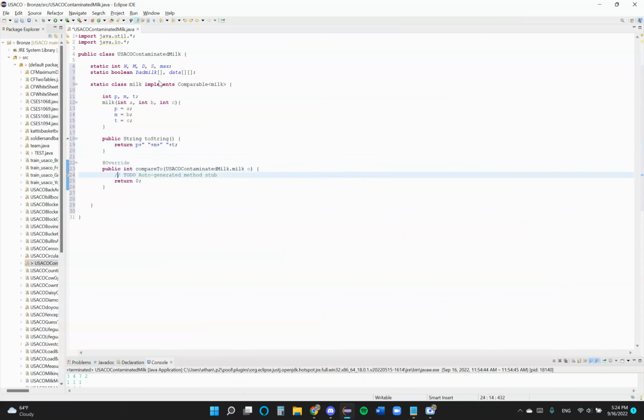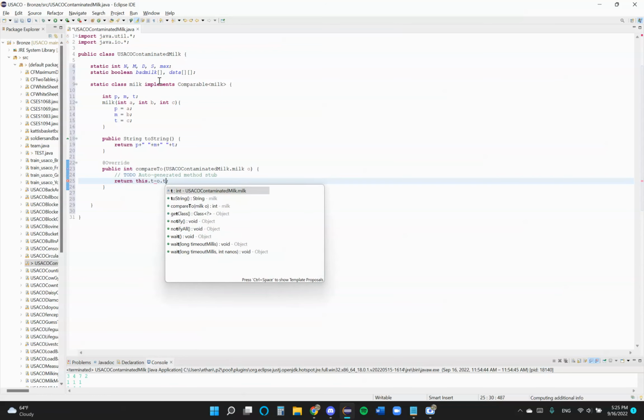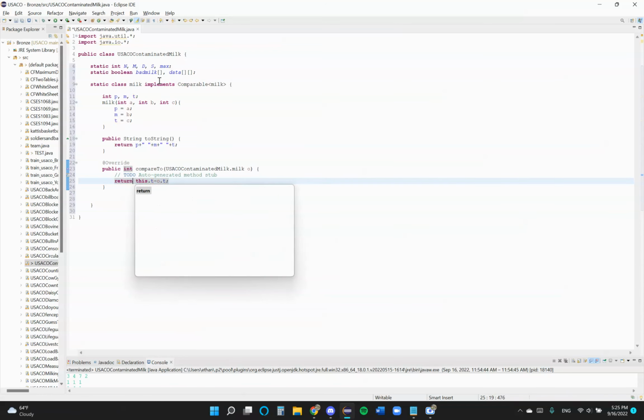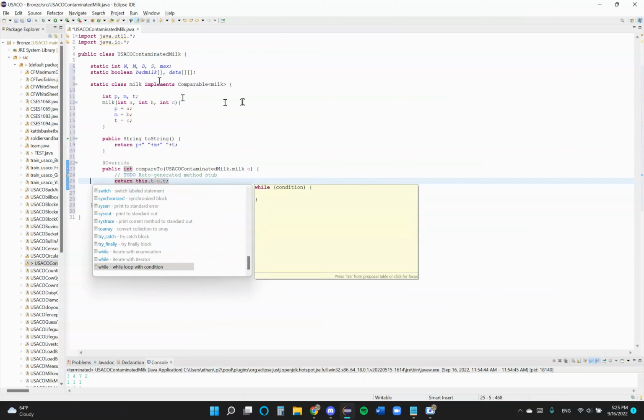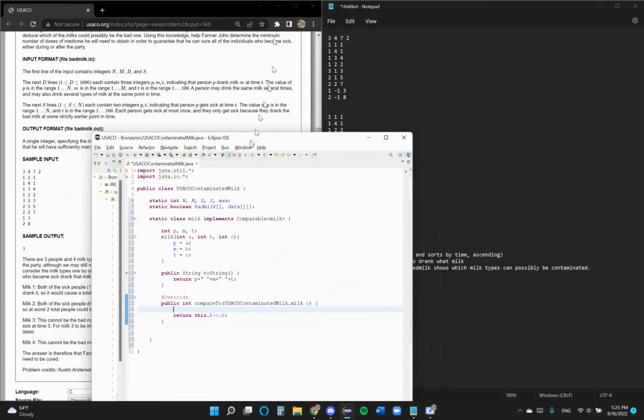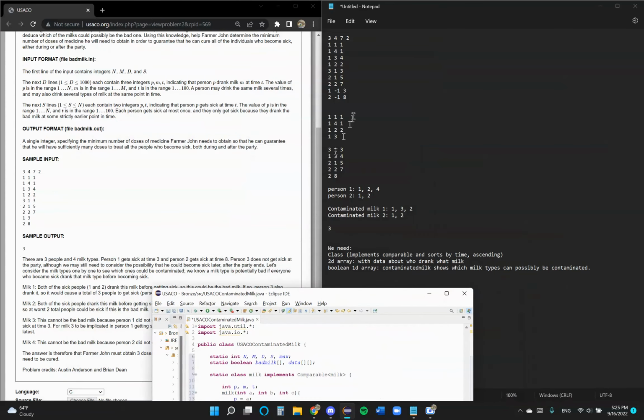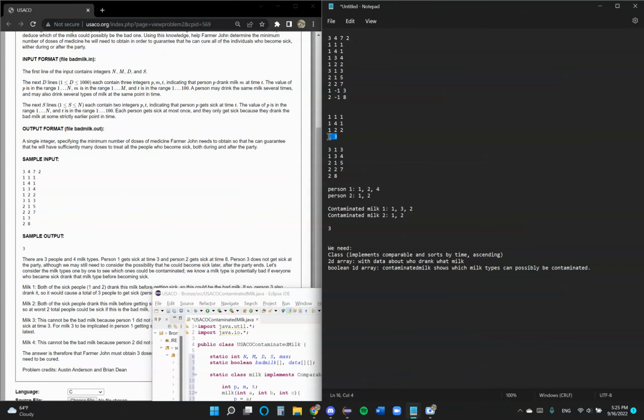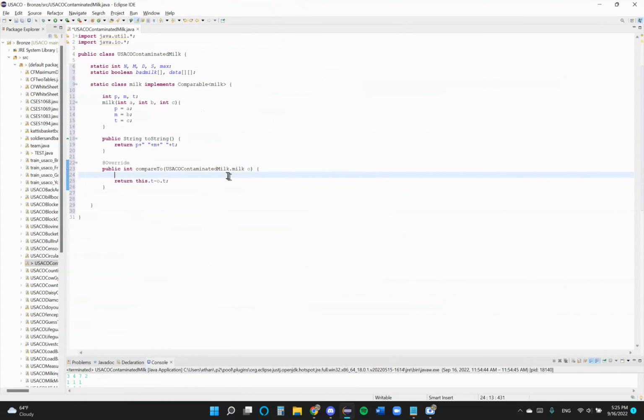Okay. And then in the sorting section, we have to return this.t minus o.t because it's going to be ascending. But we have to make sure that sometimes one person can drink multiple types of milk at the same time period. Now, it usually wouldn't matter, but since we remember that we're going to be setting the events of people getting sick as -1, we have to sort that too, since people get sick after they drank it.